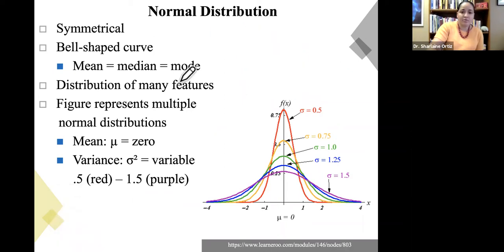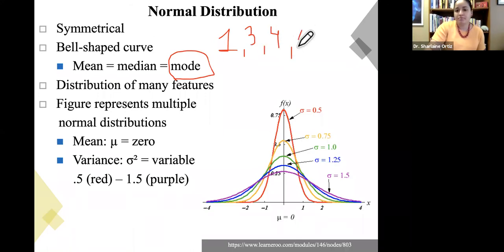Now, the next thing we would like to cover in the normal distribution is the mode. The mode is simply the number that is found most frequently in the data. For example, if I have some random numbers here, think about which number is found the most.